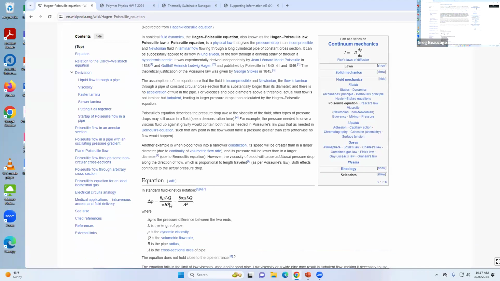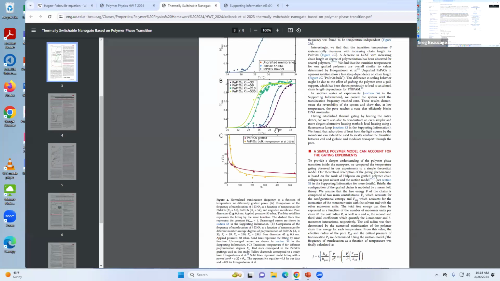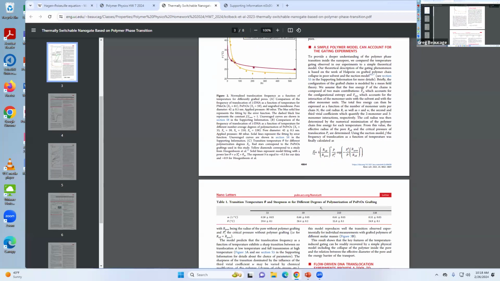So you have the pressure, you have the flux, the flow, then R to the 4, pi, viscosity, mu is the viscosity. So you have R to the 4 over viscosity. And then his equation, he's got R to the 4, and then he's got the pressure.